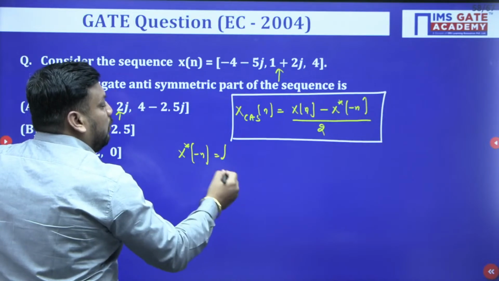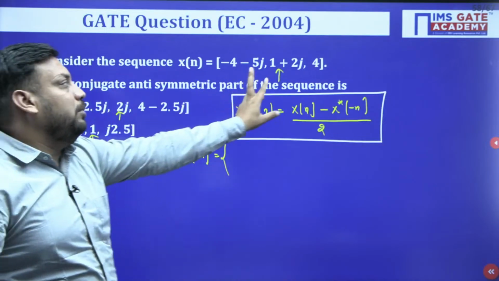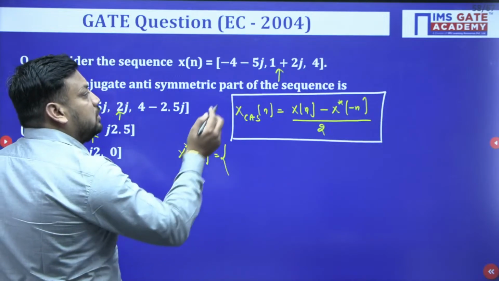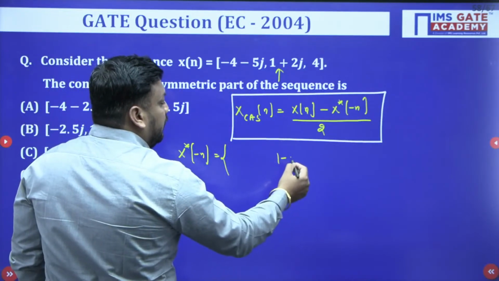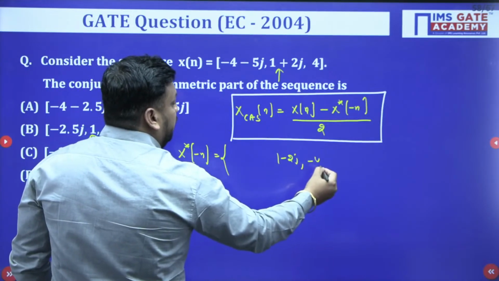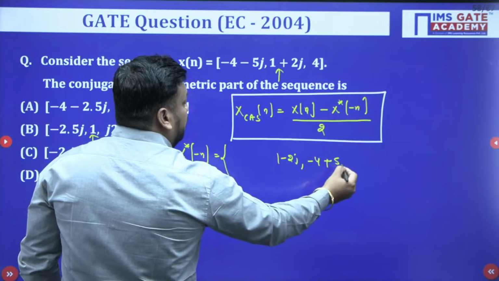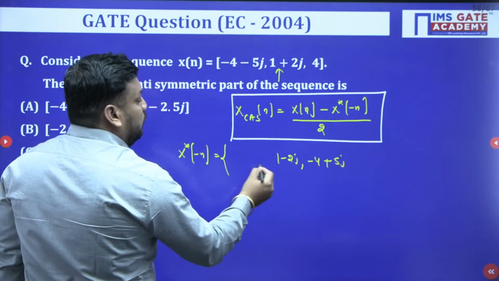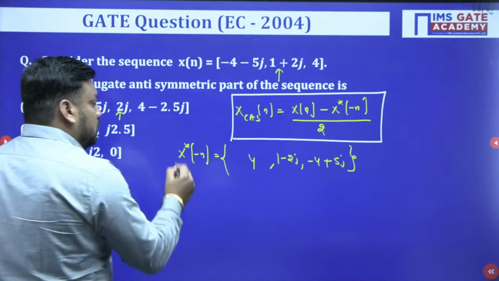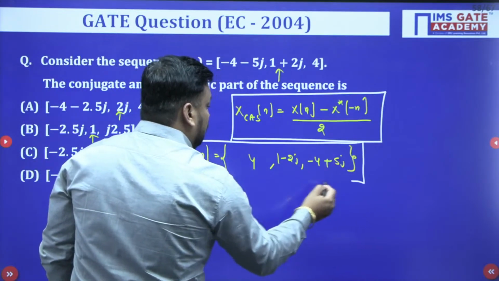Minus n means I have to perform reversal, and conjugate also. Conjugate and reversal both I am applying together. So it can be 1 minus 2j; because of reversal it is minus 4, because of conjugate it is plus j, and it is nothing but 4. Now here your bracket closes. So this is your x conjugate of n, and this is your x conjugate of minus n.